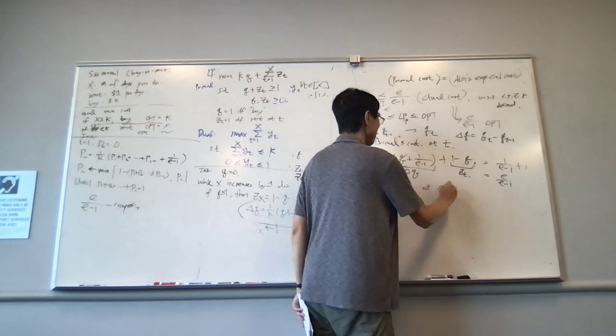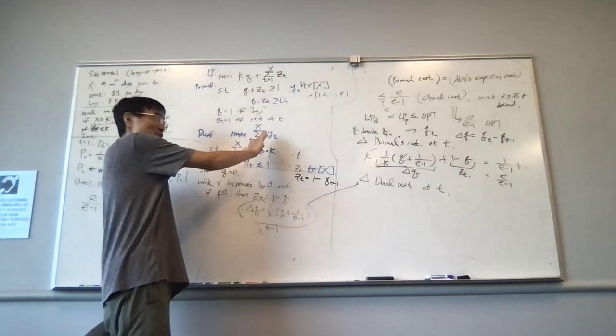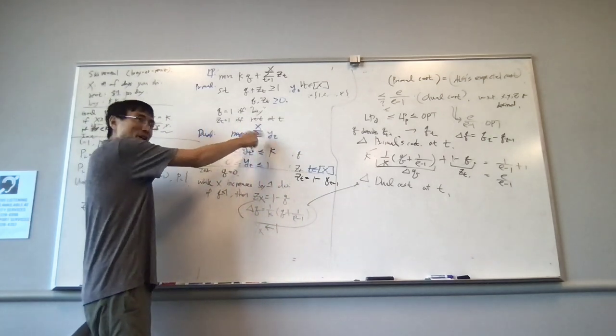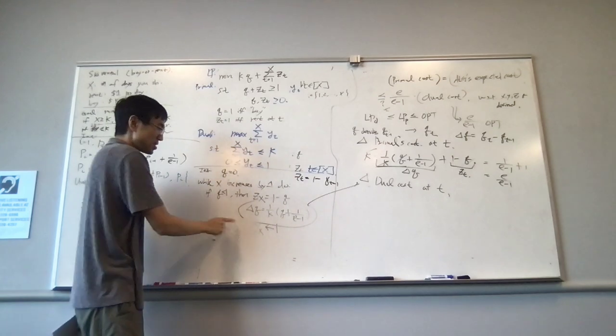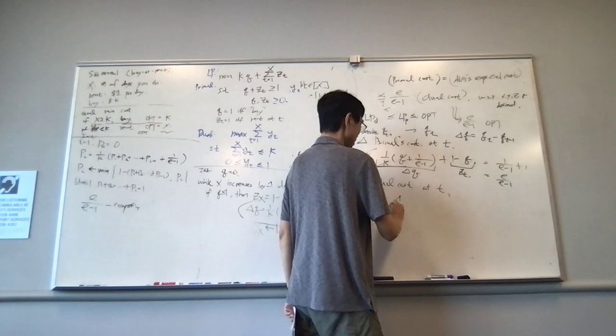And then the change of dual cost at time t. This is really simple because we are adding. We don't touch the old y variables. We are only adding the new variable y_t, and it's set to 1.